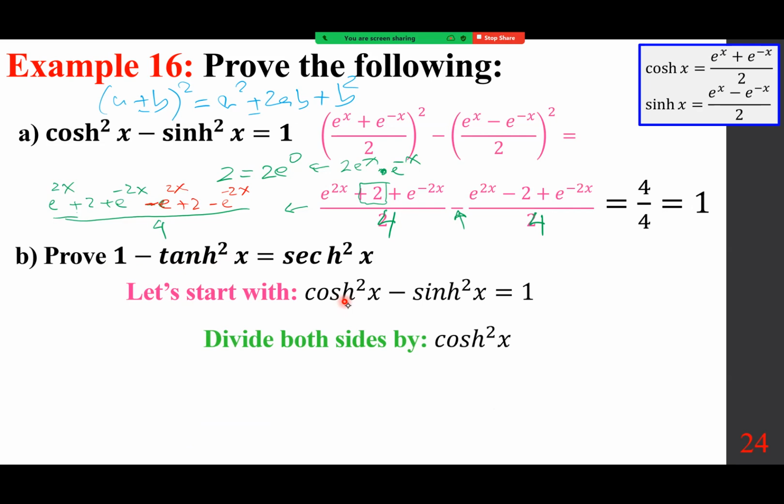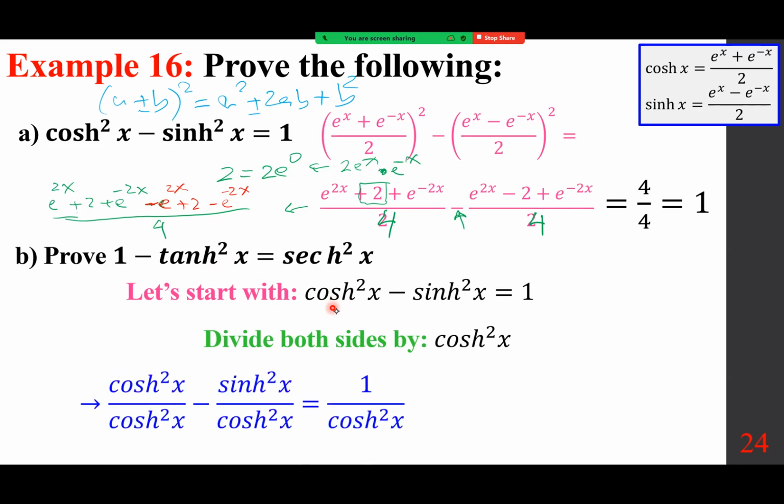We're going to divide everything because we want to get 1, right? So as you can see, this is 1. Sinh over cosh is hyperbolic tangent, so minus hyperbolic tangent squared. 1 over cosh is a hyperbolic secant, so hyperbolic secant squared. So believe it or not, that's the proof. Very straightforward, everybody.